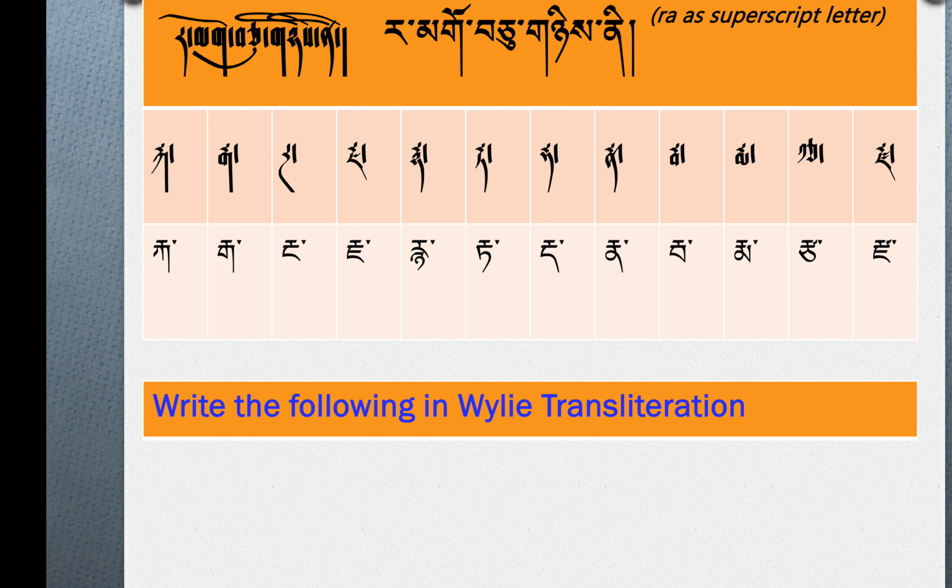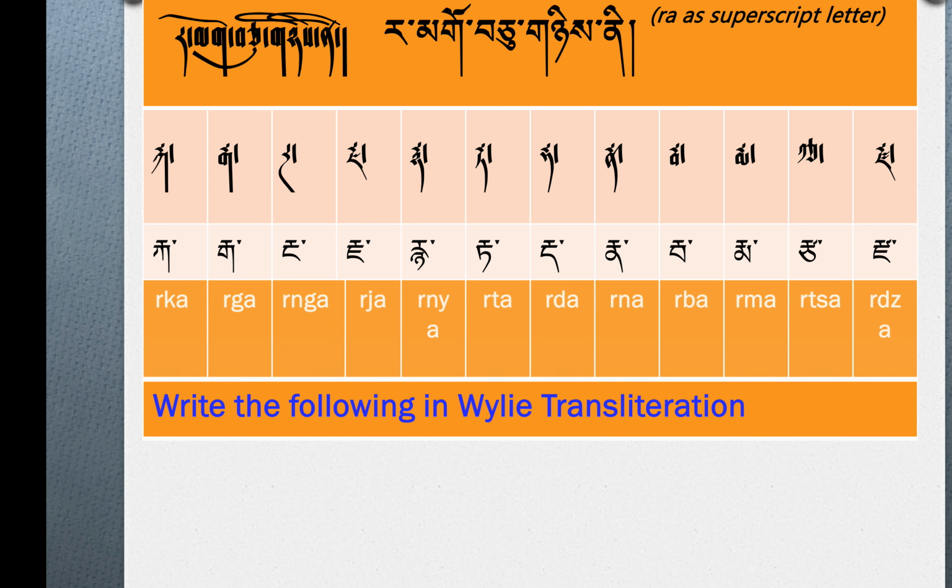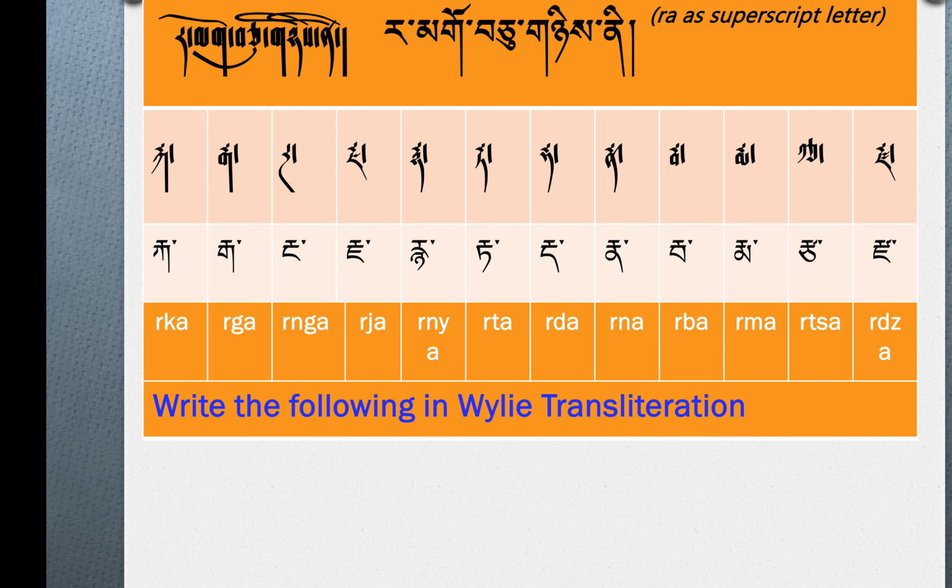With a superscript letter: ra, ka, ta, ka. See, ra, ka, ta, ka. Ra, ka, ta, ga. Ra, tag, ka. Tag actually looks like a tag. You tag something to the letter ra.